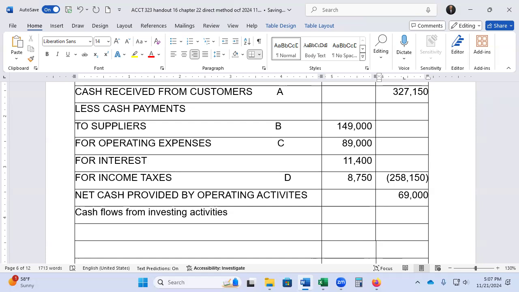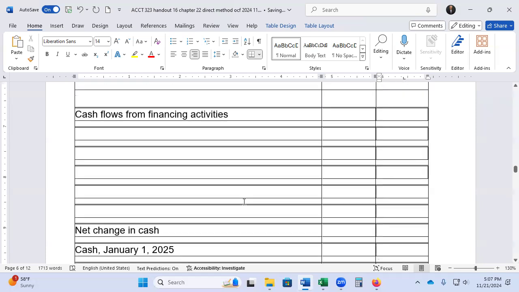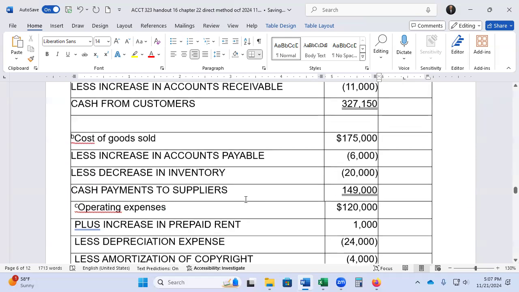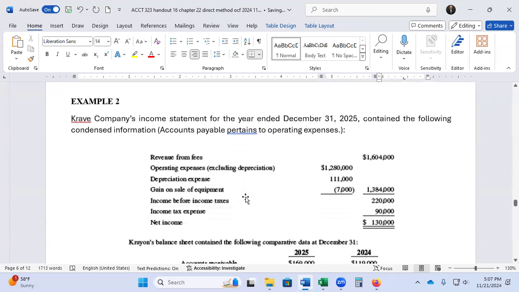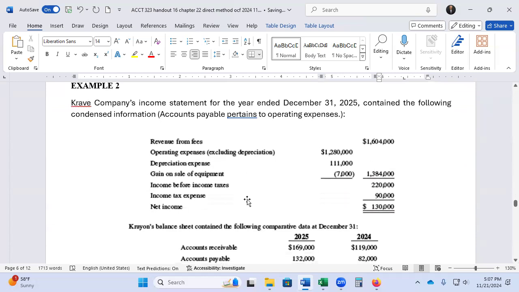So I want to go ahead and skip the investing activities part of it because I want to get the other example and do the direct method on there for you. So let's take a look at example 2.